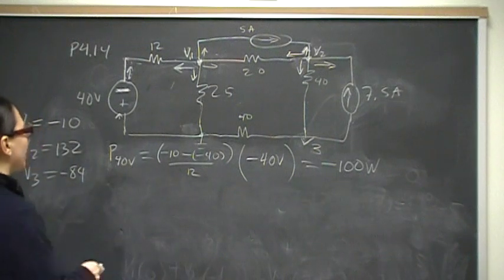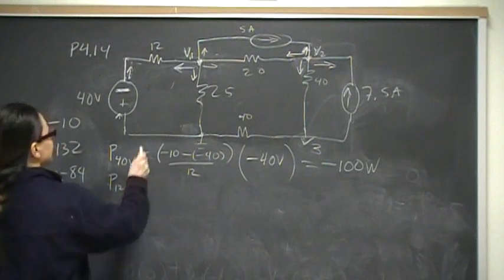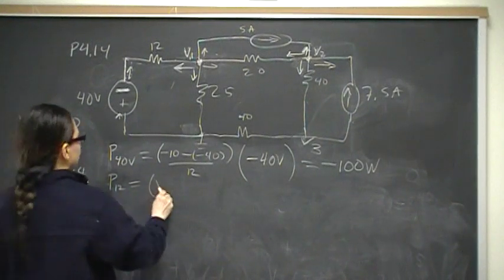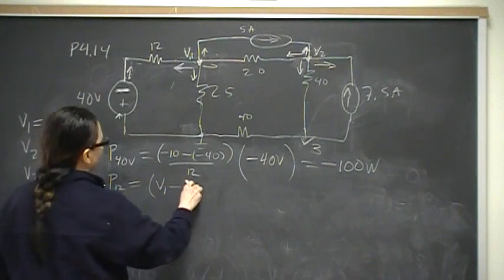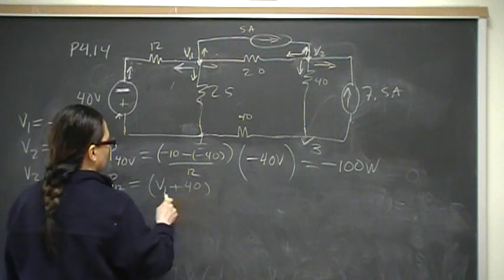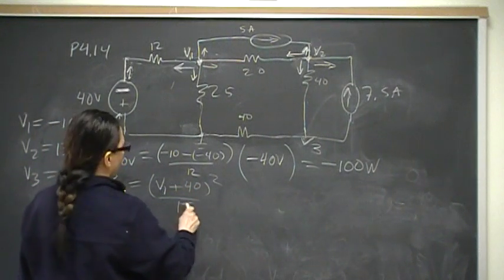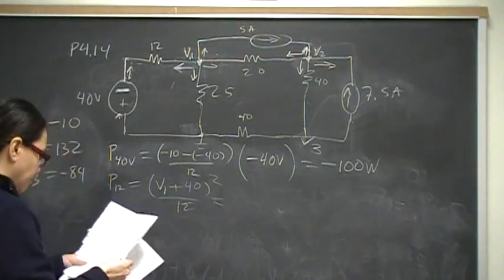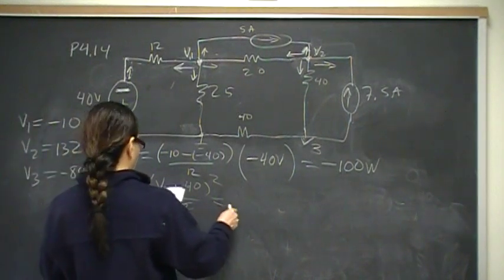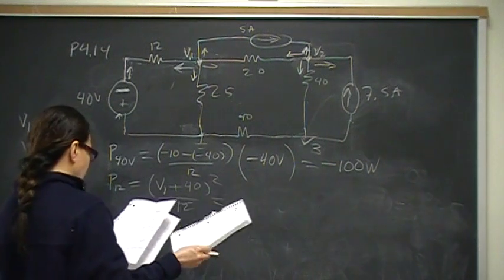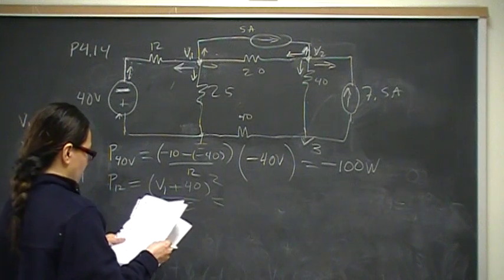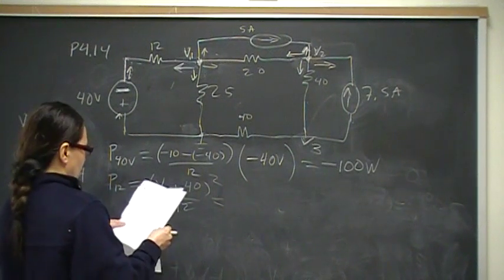Resistors always dissipate power. So let's do P sub 12 ohm. Doesn't matter what it is, P is V squared over R, so V is going to be delta V, V1 minus 40, minus negative 40, squared over R, which is 12. Let me see, where is my calculation?